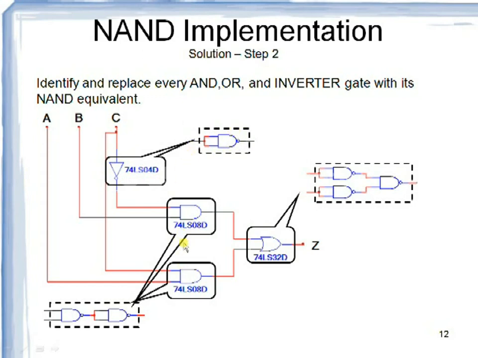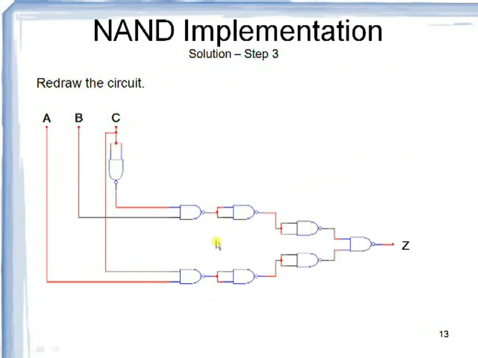Here these two AND gates are replaced with the NAND equivalent, and this OR gate is again replaced with its NAND equivalent. Okay, so redraw the circuit. So this is what the circuit now looks like. Now the next step is to eliminate the double inverters or double bubbles. Let us see how to do that.